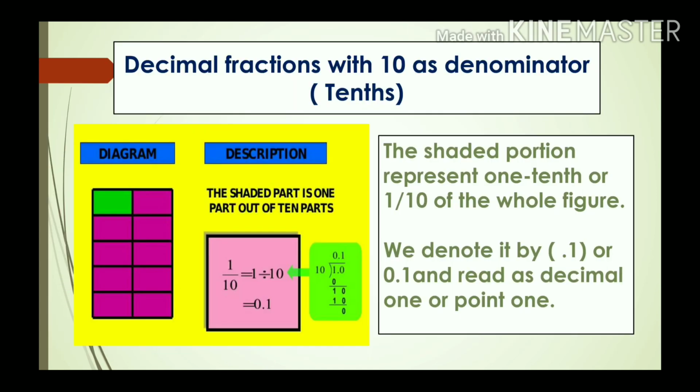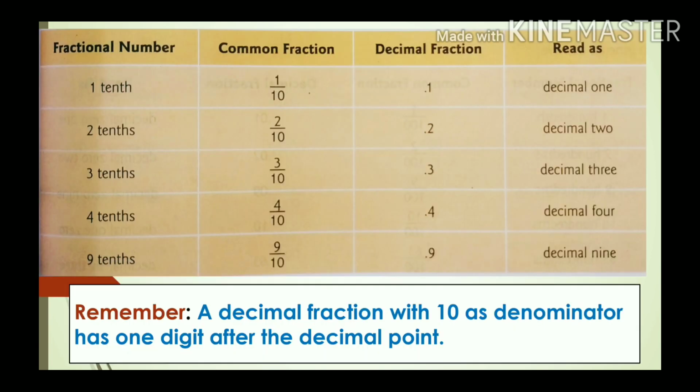Now students, let's see decimal fractions with 10 as denominator, which is tenths. Here, as you can see, the shaded portion, 1 out of 10, represents 1/10 or 1 by 10 of a whole figure. And we denote it by 0.1 and read it as decimal 1 or 0.1. Students, you can see some examples in this table. Here you can see the common fractions with their decimal fractions and how we read them.